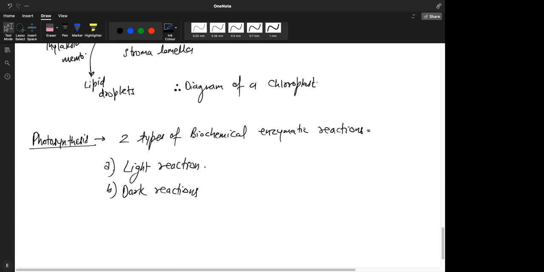So write down. I'll dictate and you write down. The membrane system of the chloroplast, in the bracket write thylakoid membrane, the membrane system of the chloroplast is responsible for trapping the light energy and converting it into chemical energy.